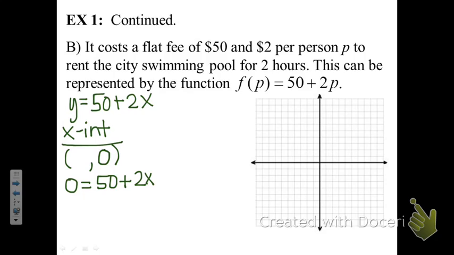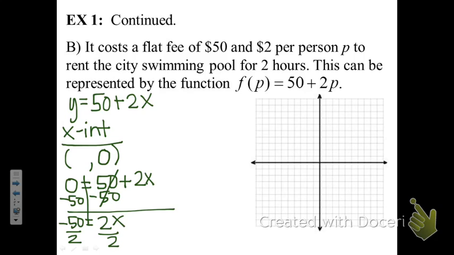From here, we can subtract 50 from both sides, and we get negative 50. These 50s subtract out, equal 2x. Then you'll divide by 2 on both sides, and that will give you a value for x. These 2s divide out, and negative 50 divided by 2 is negative 25. So we can put that back in our ordered pair up here for the x-intercept.